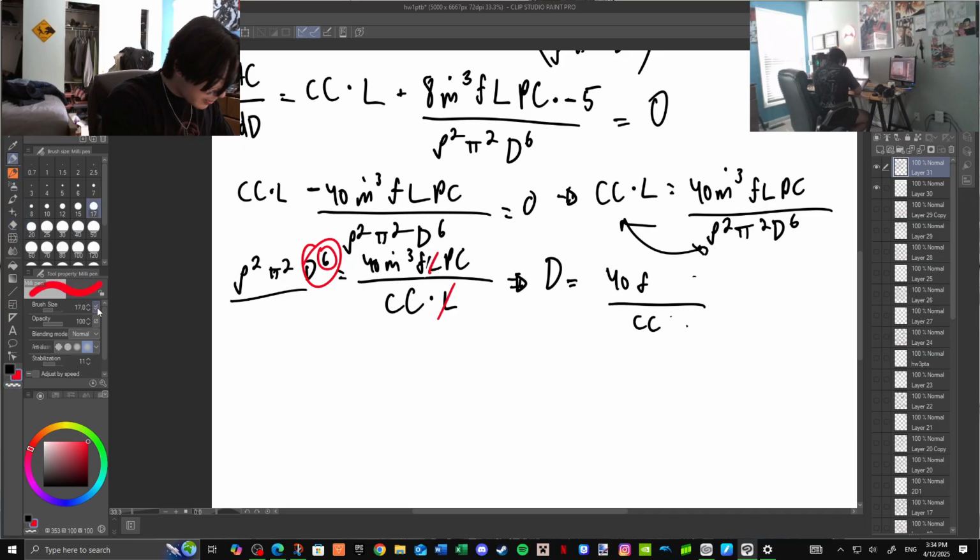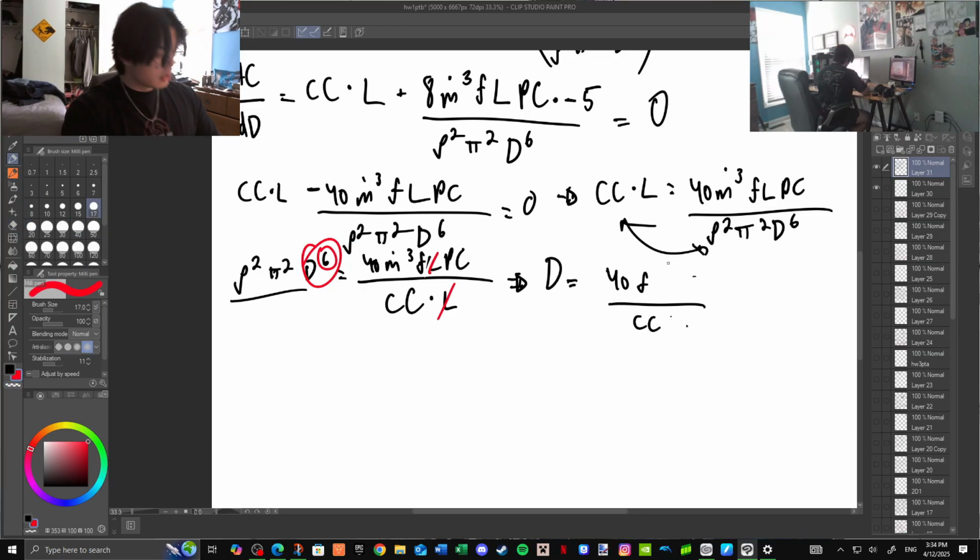So you'll get 40 friction factor PC over CC, and this CC is multiplied by rho squared times pi squared, and then all of this times the mass flow rate cubed.